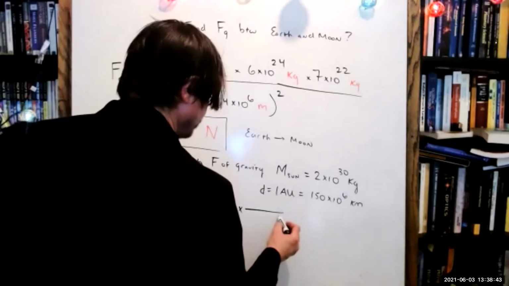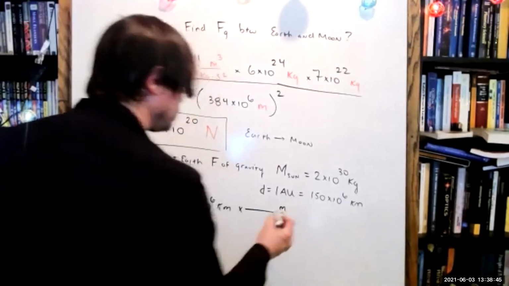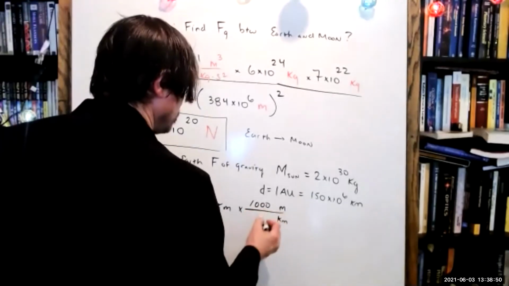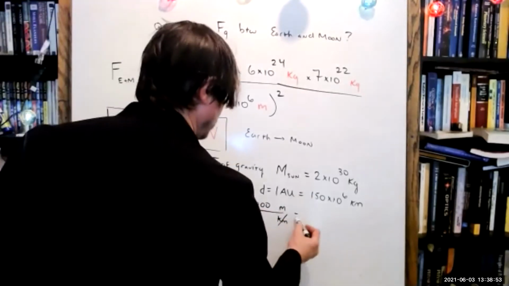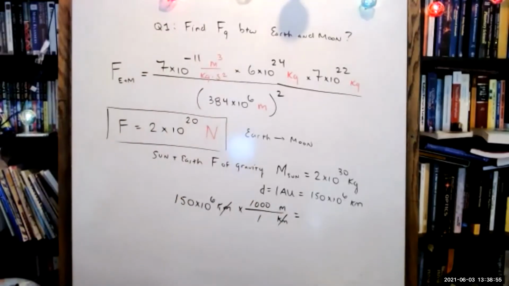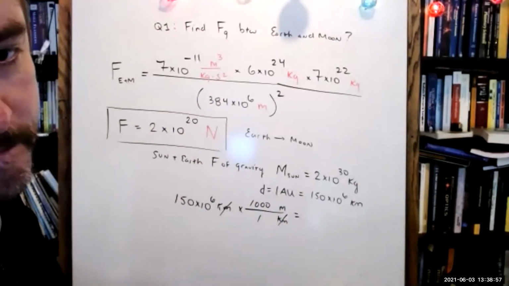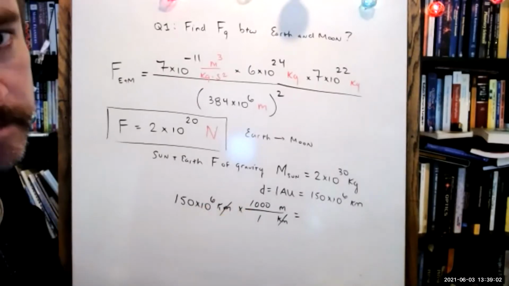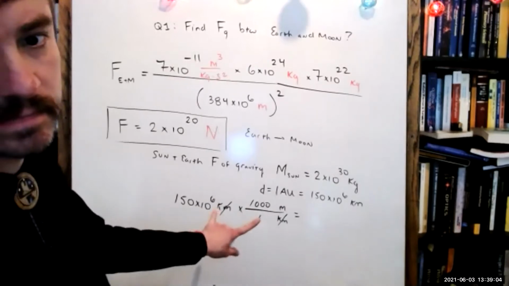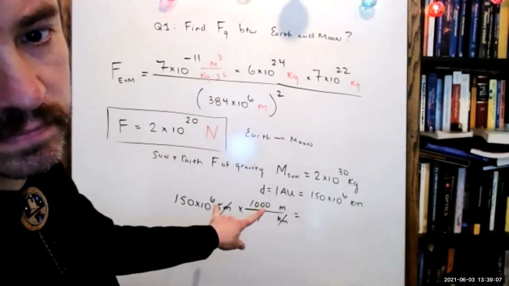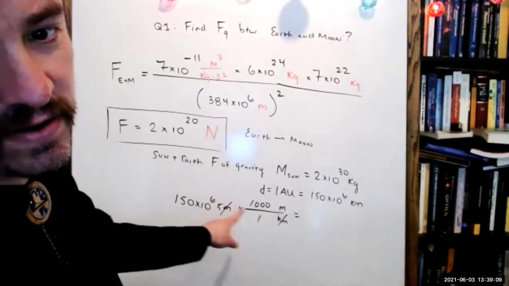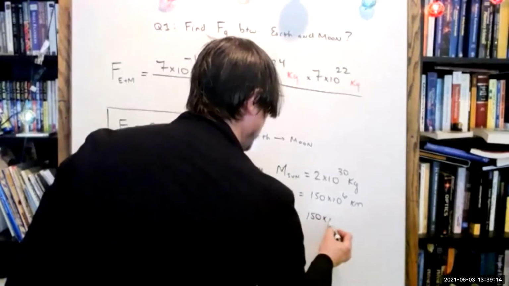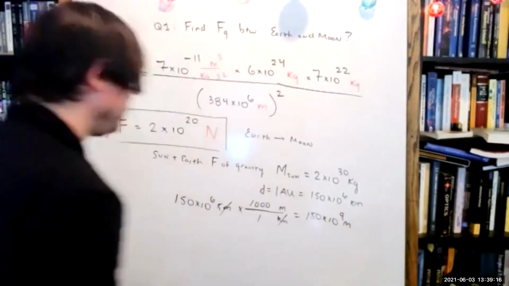You'd put kilometers on bottom and meters on top. Okay, 1,000 meters equals 1 kilometer, so 1,000 on top, 1 on bottom. Okay, kilometers cancel. And then how should we express this most elegantly? It'd be 150 times 10 to the 9th. Yeah, 6 zeros, 7, 8, 9 zeros. Nicely done. That's 150 billion meters.